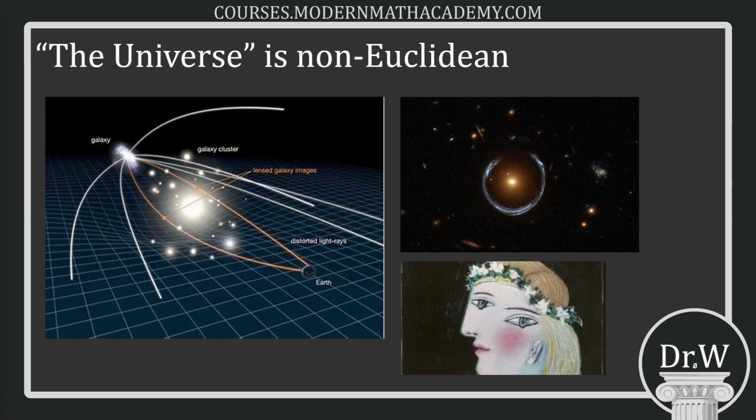This can kind of give some context to the work of Pablo Picasso. Historically, it has not been demonstrated that Pablo Picasso himself was influenced by non-Euclidean geometry, but we do know that his friends were. So we can only connect the dots there. This image of a person here, this is a painting by Pablo Picasso.